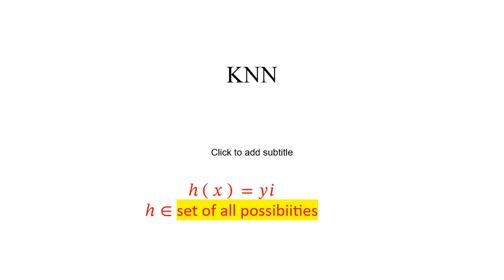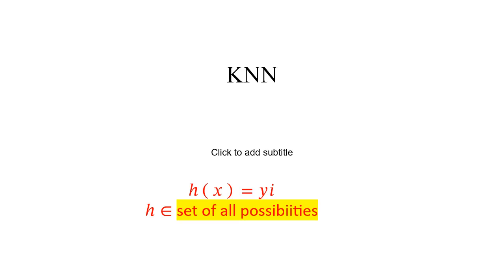It uses distance methods such as Manhattan distance, Euclidean distance, or max distance, and using these alone, it tells whether this is of category 1 or category 2.